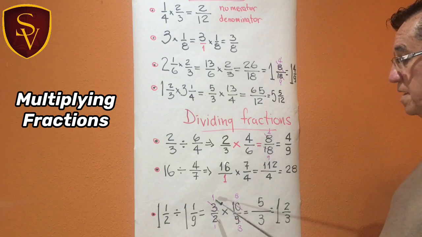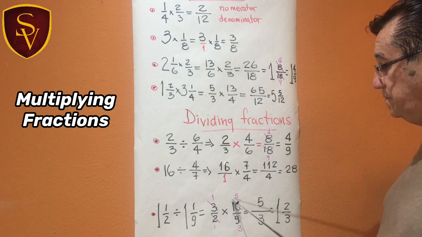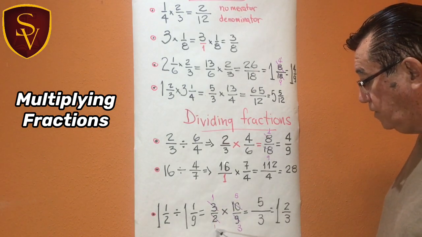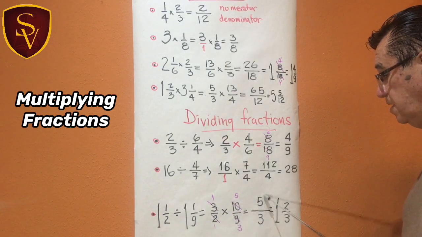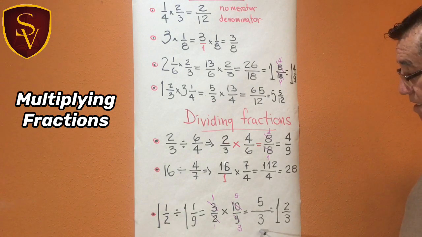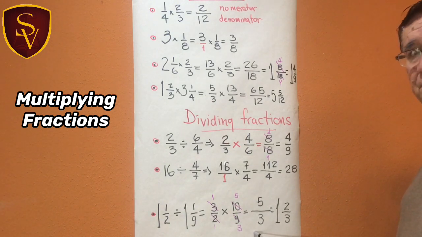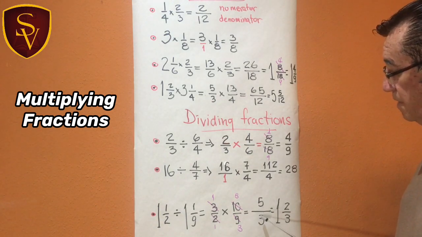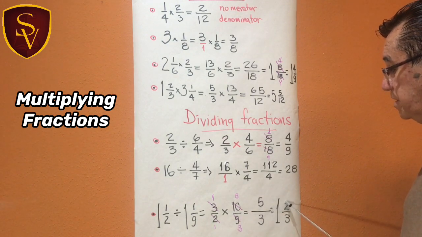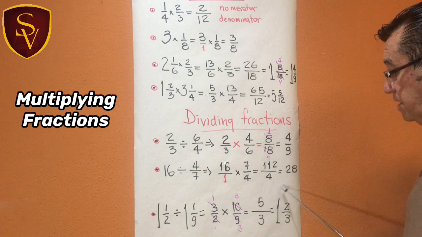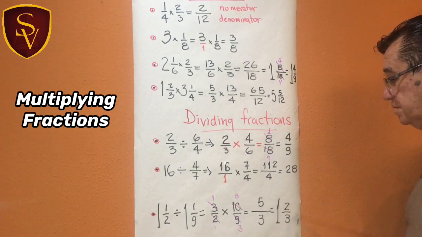Now I can multiply numerators, and this becomes 1 times 5 equals 5, and 1 times 3 equals 3. Since this is an improper fraction, I have to change it into a mixed number. So 5 divided by 3 is 1, and the remainder is 2. So the final answer is going to be 1 and 2/3.